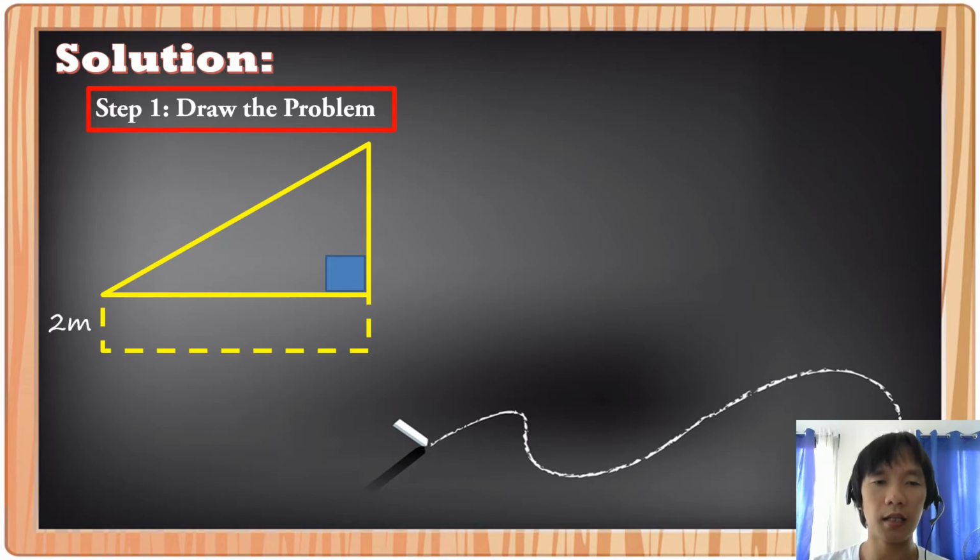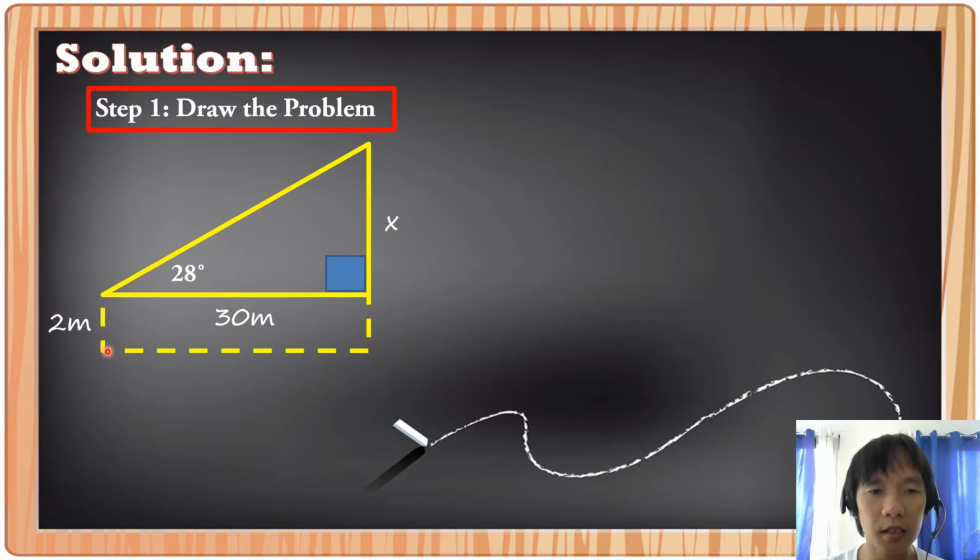So take note that the man is 2 meters tall, and he is standing from the base of the tree, which is 30 meters, and the angle of elevation is 28 degrees. Now we are asked, how tall is the tree? Now this problem is a little challenging because we are not only looking for this point up to this point, but we are looking from the tip of your triangle up to here, because the man is standing 2 meters tall.